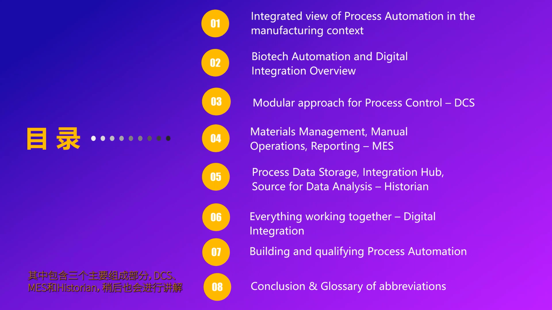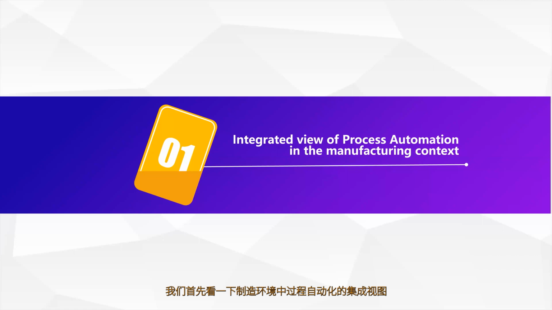Then this is composed of three main components, DCS, MES, and historian, of which I will go through next. And then we'll talk about how everything works together, and finally how we build and qualify it. So let's start first with my integrated view of process automation in the manufacturing context.